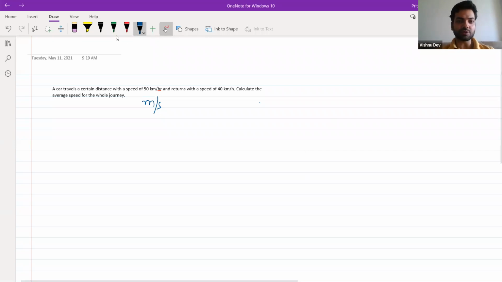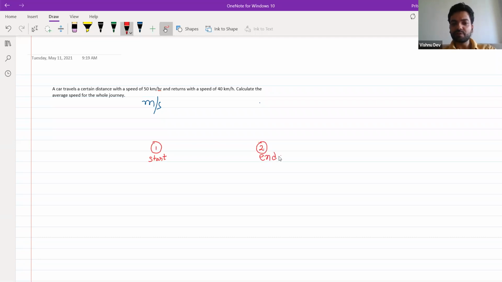Okay, let's go through this question since I have got answers from most of you. Let us say the car is starting at this point, the starting point, point 1, and let's say it reaches point 2. It's written that the car travels a certain distance with a speed of 50.